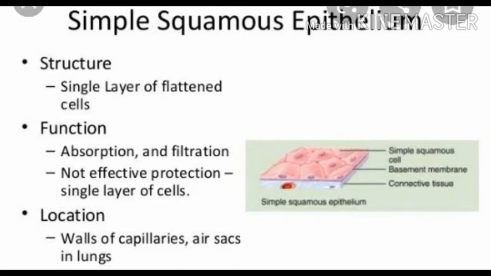They are present in the walls of blood capillaries, blood vessels, near the air sacs, that is in the alveoli of lungs. So their function is absorption and filtration. For example, look at the blood vessels. It is for absorbing the nutrients, and filtration in the lungs where exchange of gases takes place, that is squamous epithelium.